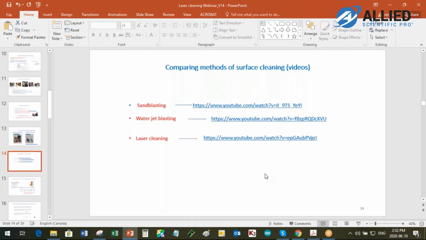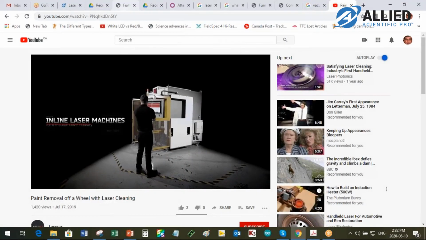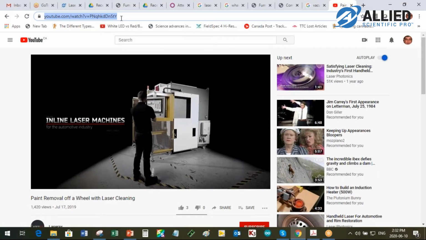Now let's compare the other methods of surface cleaning. There are some videos that compare sandblasting with laser cleaning, and in this case, it's cleaning a ship. So we have a video of a sandblasting operation for cleaning a ship. I'll show you that video first, and then we'll compare it with the laser cleaner.